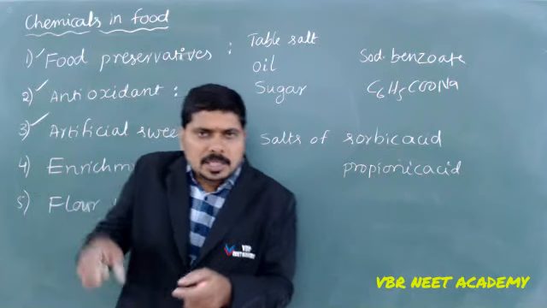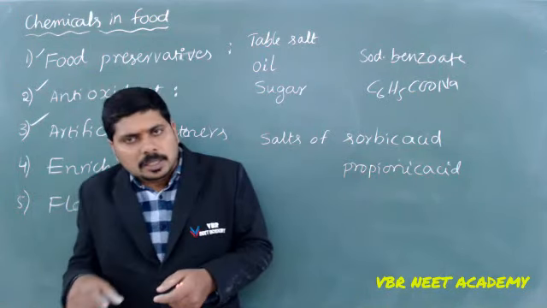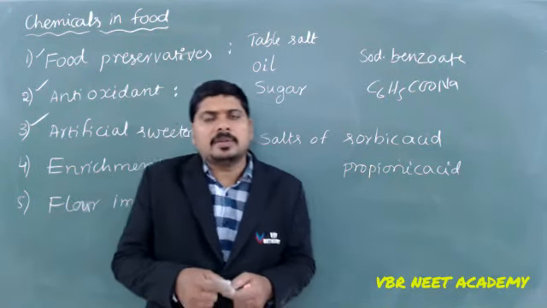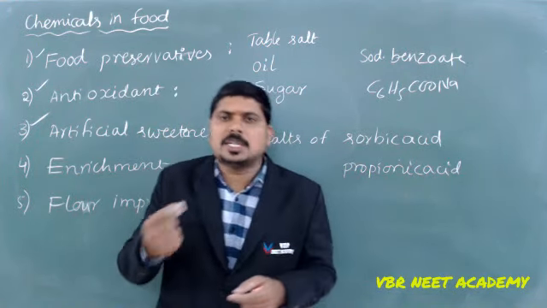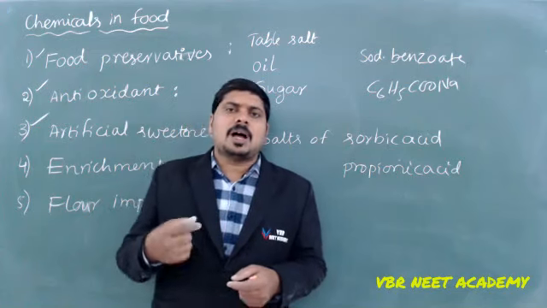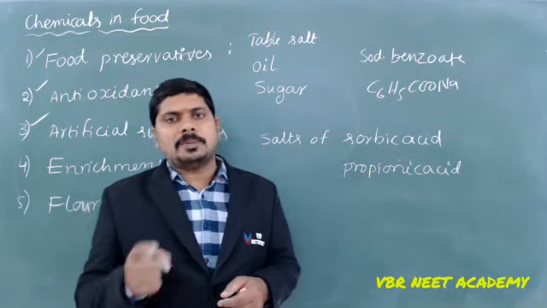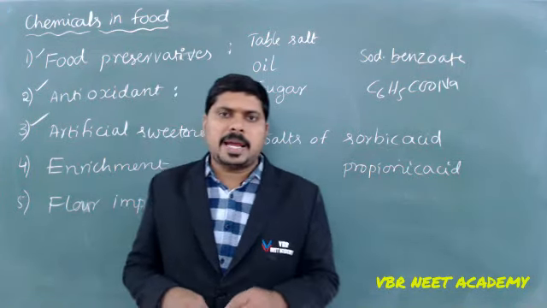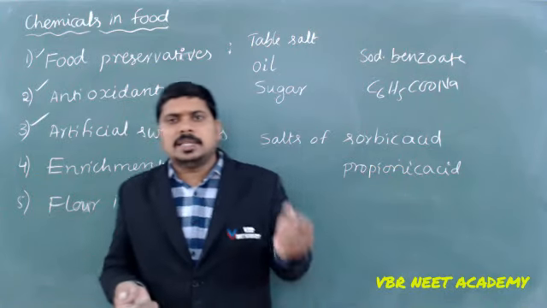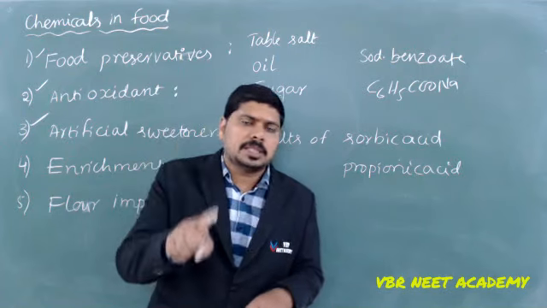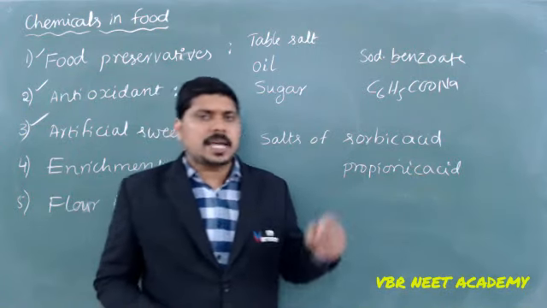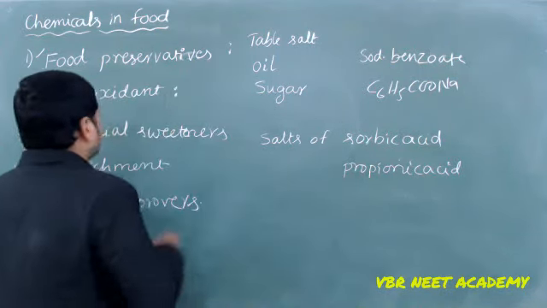That is, instead of the food getting oxidized, the antioxidant which you have added gets oxidized first. So they are called sacrificial oxidants. That means the oxidation of the food can be prevented by adding these antioxidants, which are oxidized before the food is oxidized. That is why they are called sacrificial antioxidants.